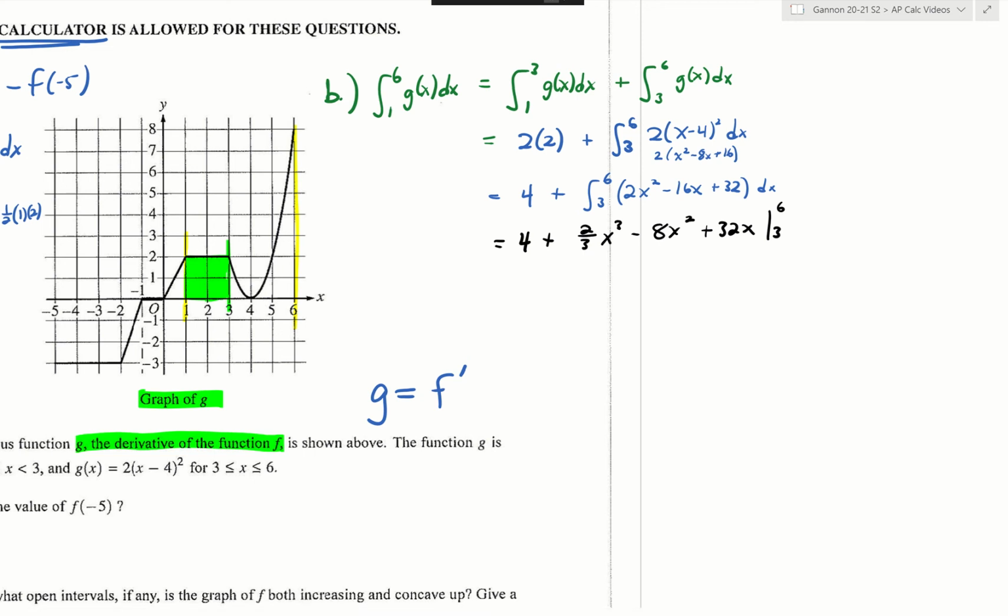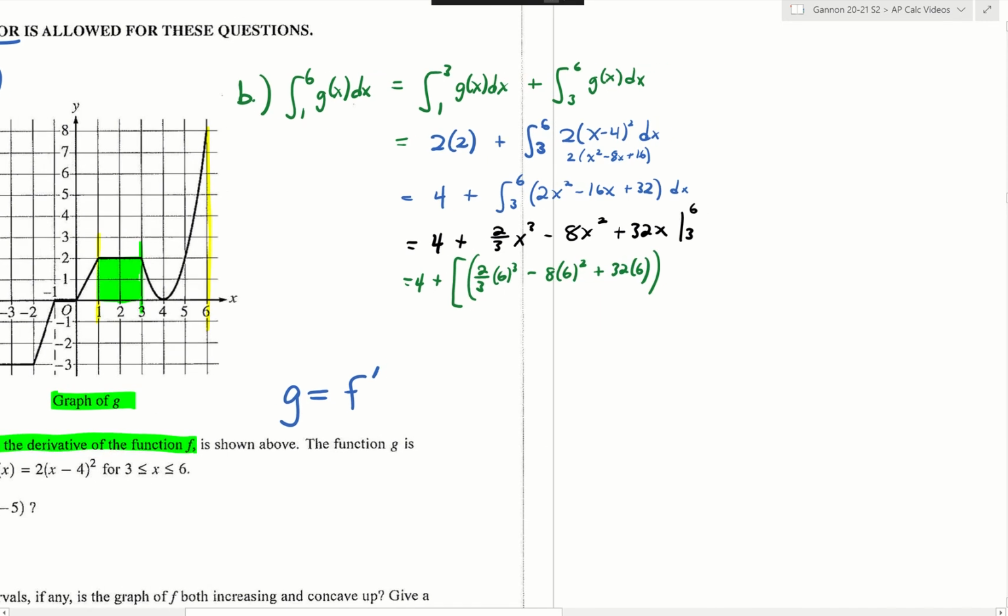I guess I could have left that 2 out in front, maybe made some calculations a little bit easier, but there it is. Now we have to plug everything back in to evaluate this integral. So this is going to be 4 plus 2/3 times 6 cubed minus 8 times 6 squared plus 32 times 6.